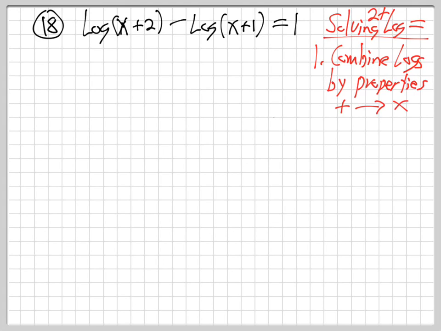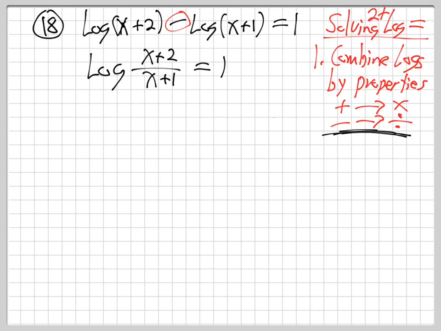Remember the three log properties. Adding becomes multiply, subtraction becomes divide. The third log property was about powers coming down to the front. We don't need that here. We did that a lot earlier in this section. So I'm going to combine them. Subtraction with two logs becomes divide, doesn't it?